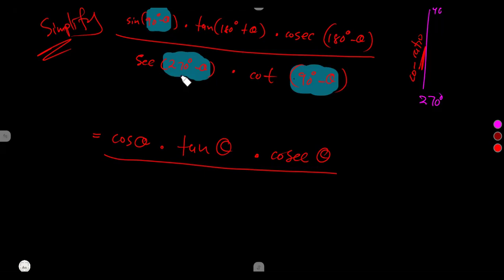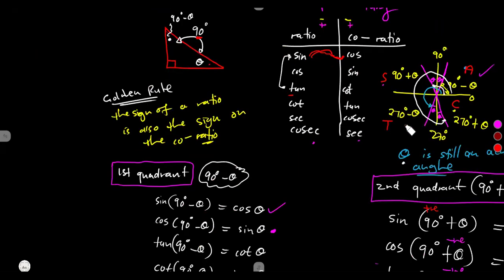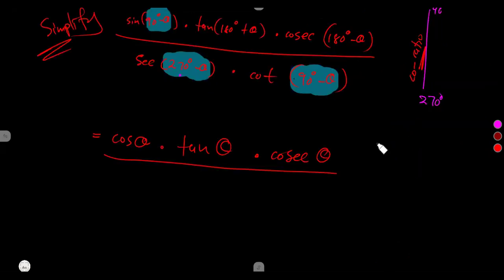Remember, co-functions, 270 minus theta. Which quadrant? You're talking about a sec. 270 degrees minus theta. We talked about this to say it is for tan. So it means we have to ask ourselves now, where is this sec taken from?